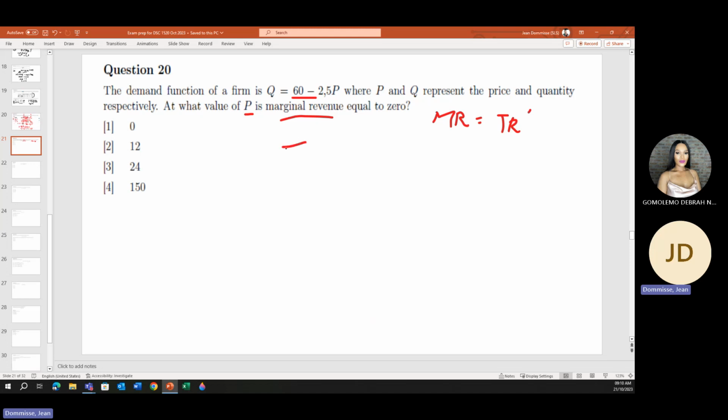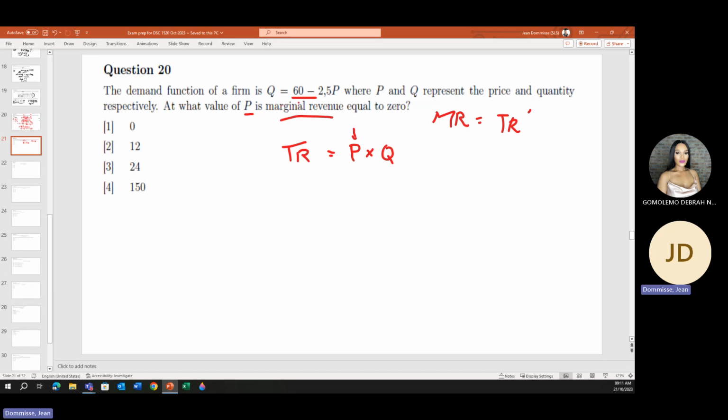So we first will need to work out what is total revenue, and the traditional formula for total revenue, if you can remember that from study unit 1 or 2, is the price that you're selling your product for times how many products you will sell. Remember, that was your total revenue.